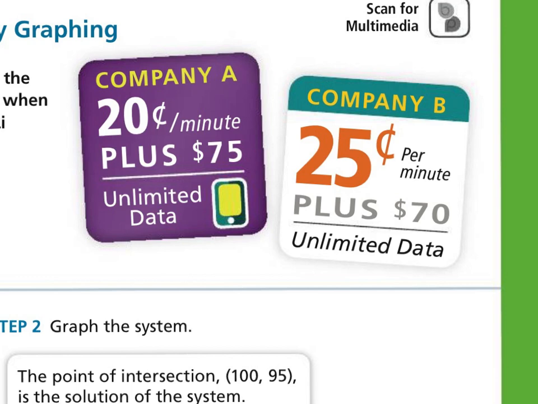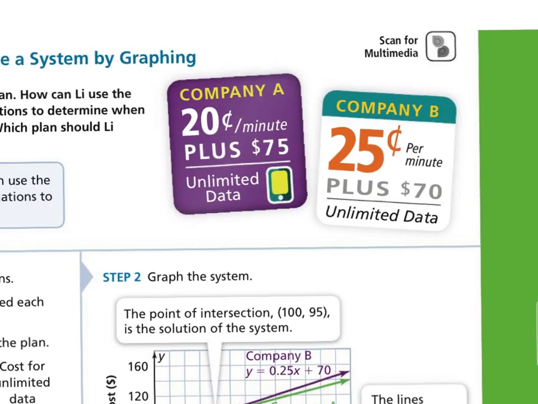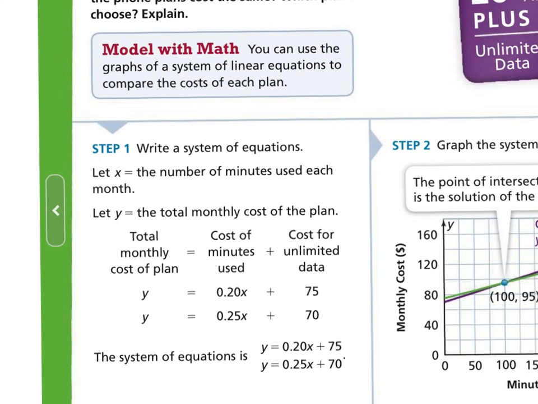Company B is 25 cents per minute, and it's $70 for unlimited data. This seems a little weird because you're paying per minute, but then unlimited data; usually unlimited minutes comes before unlimited data, but anyway, this is what these companies are doing apparently.